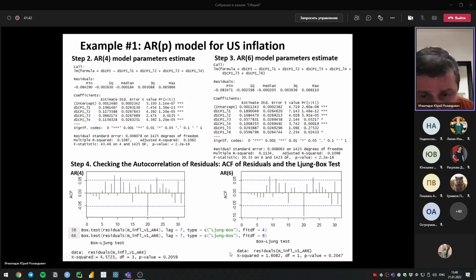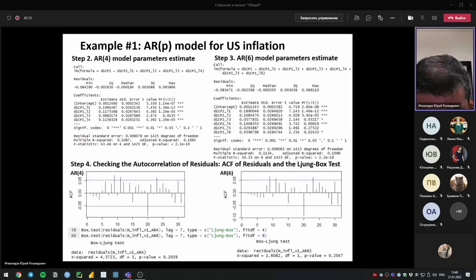And for both tests, for both models, we can see the same p-value of autocorrelation of residuals, 0.2. And this means that the probability of error, if we reject the null hypothesis, is higher than 10% significance.